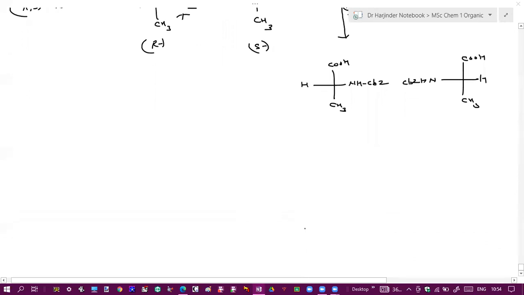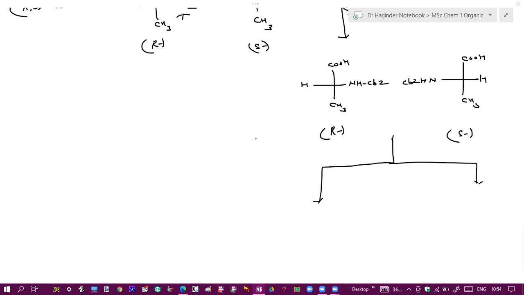So now we have to convert this mixture of enantiomers, R protected CBZ and S protected CBZ, into what? Diastereomers, a mixture of diastereoisomers. So what resolving agent can we use over here? A base, or an acid? Base.